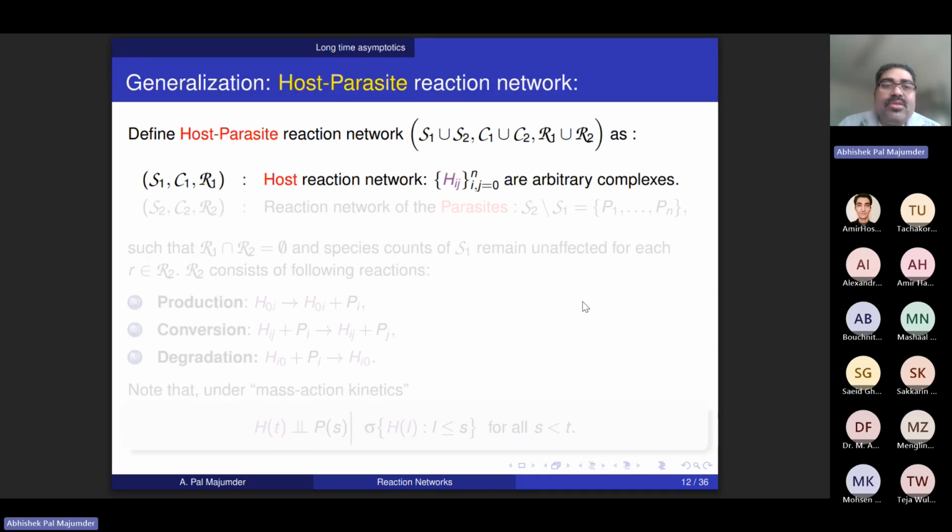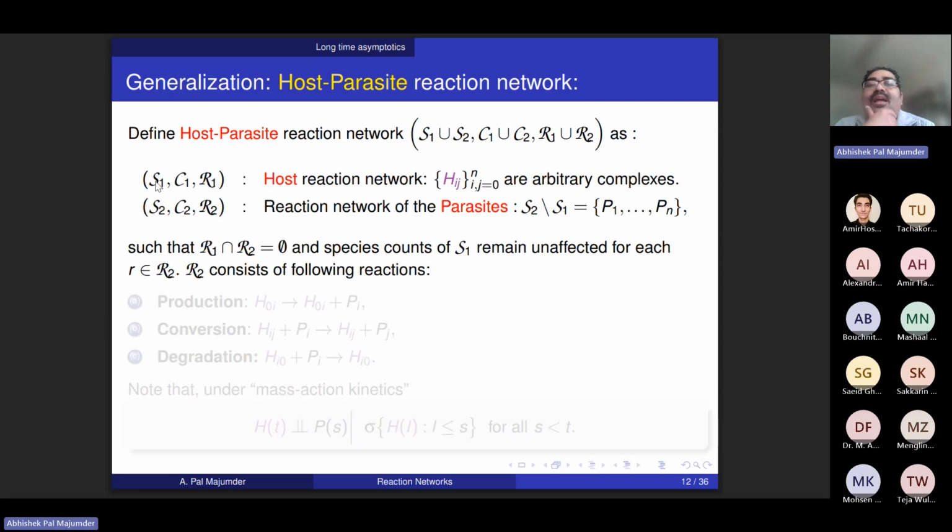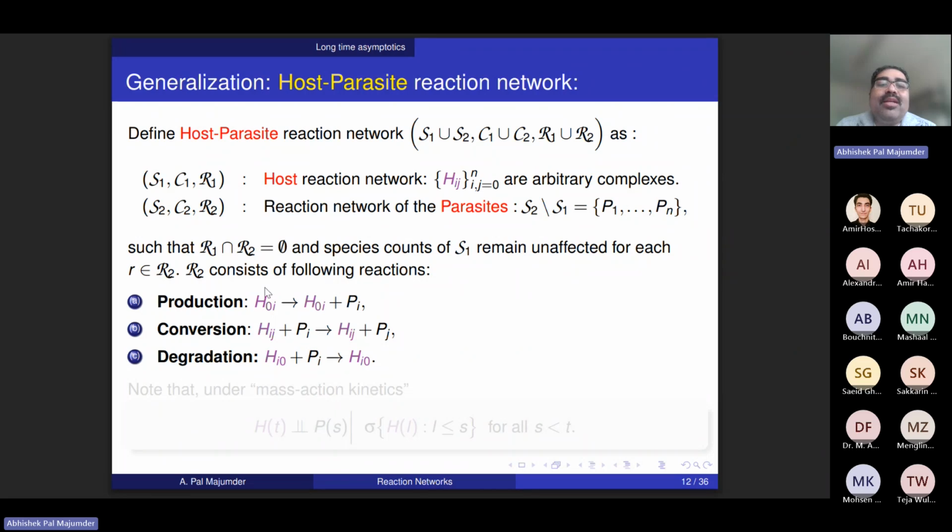So we consider that there is a host reaction network, and then there are reaction networks of the parasite, and the way these parasitic reactions take place under mass action kinetics is that the production of parasites happens when 0 goes to P, that is, H naught i goes to H naught i plus Pi. Similarly, Pi goes to Pj in presence of Hij, and Pi goes to 0 in presence of Hi0, and H naught i, Hij, and Hi0 are all complexes that come from the host reaction networks.